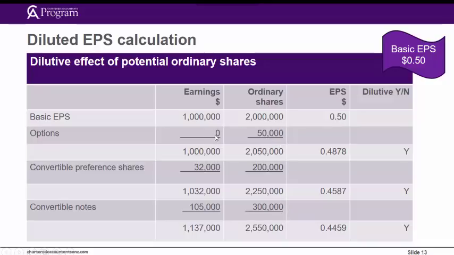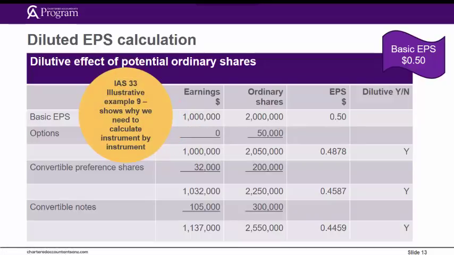We add the change in earnings and the change in the ordinary shares to see what happens. So we start at 50 cents, which is our basic earnings per share, and it's dropping down each time. Therefore, each of them is dilutive. We end up with 44.59 cents, or 45 cents if I round. That's my diluted earnings per share.